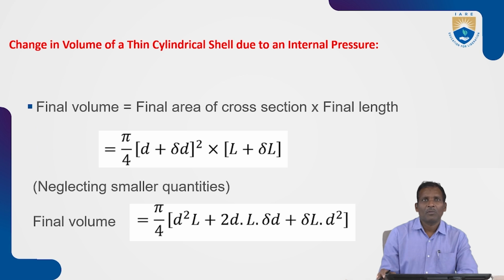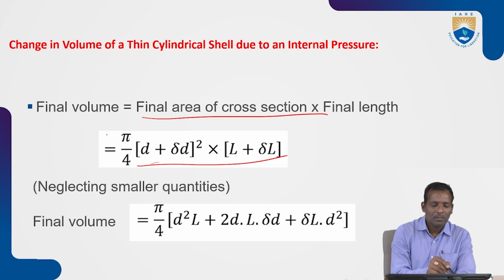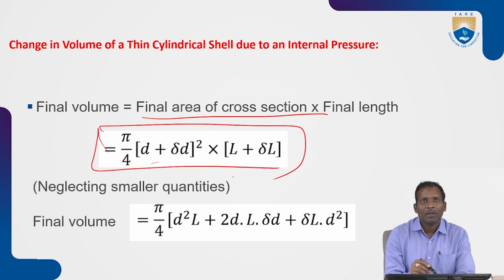Now the final volume is the final area of cross section multiplied with the final length. So we write this equation for final volume: pi by 4 into (D plus delta D) whole square, multiplied with (L plus delta L), neglecting smaller quantities.